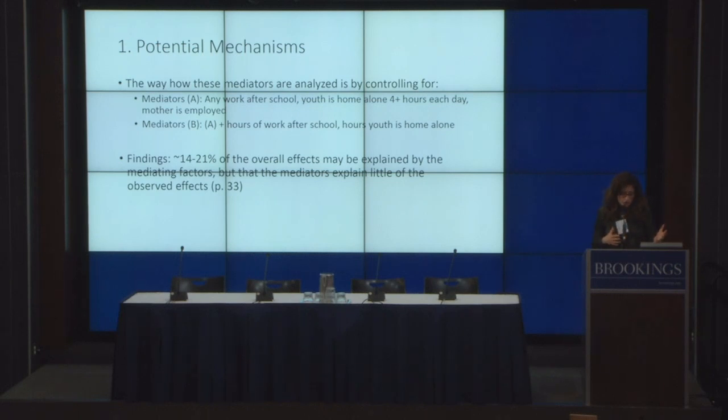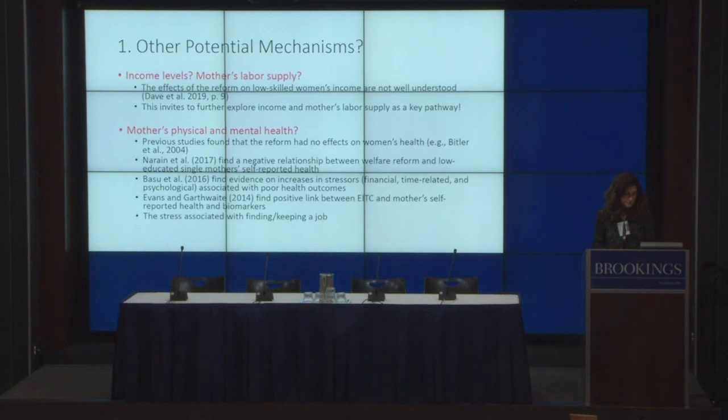The authors do not show the coefficients accompanying these income changes or employment participation of women, so we don't know exactly the sign or magnitude of these effects. However, they do talk about how the main effect on children's outcomes changes due to accounting for these potential mediators. And they find that around one fifth of the effect can be explained by the mediators.